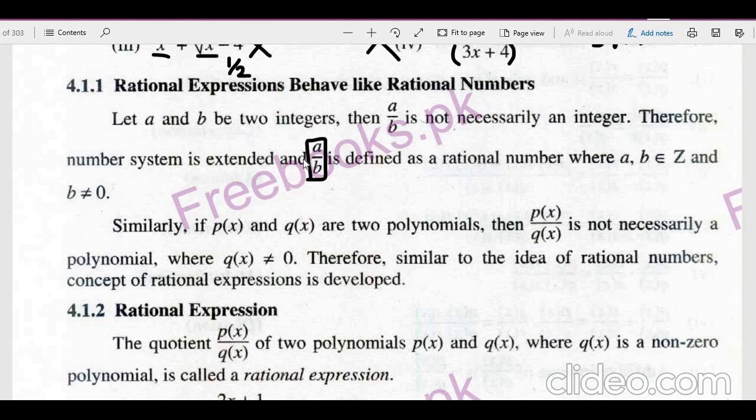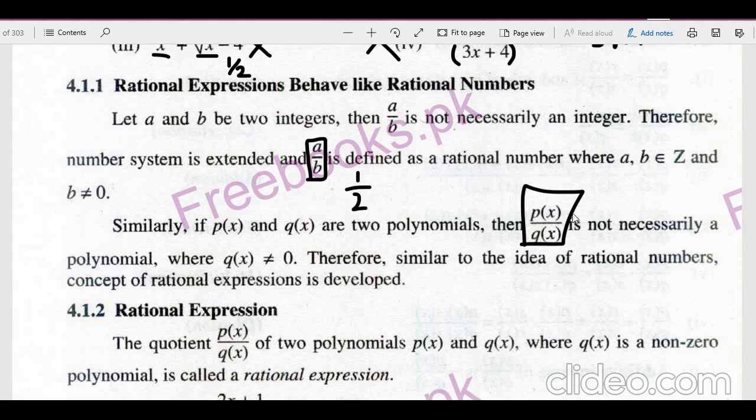Similarly, just like numbers, if I write p of x instead of a, and q of x instead of b, any two polynomials, then it becomes like this. When we write a by b, these are rational numbers because 1 is also a number, 2 is also a number.